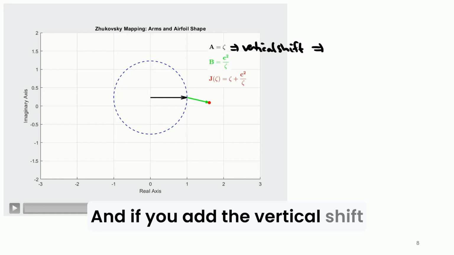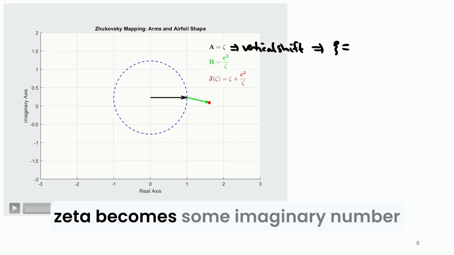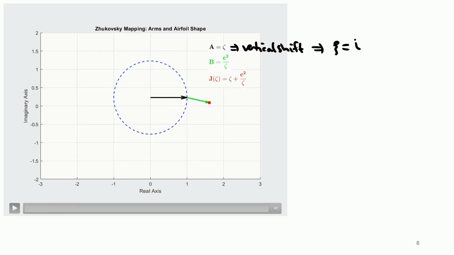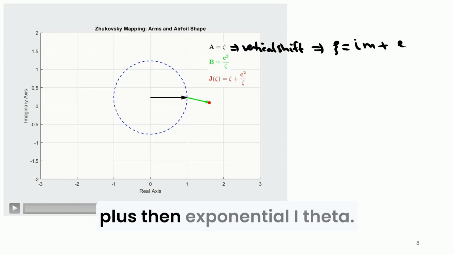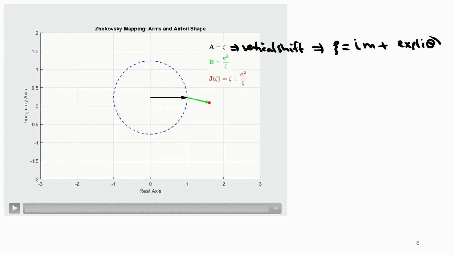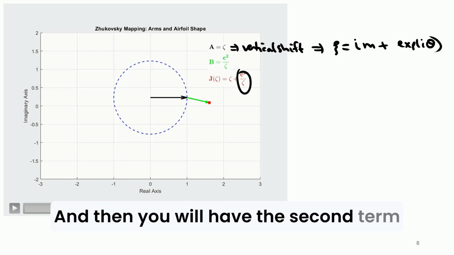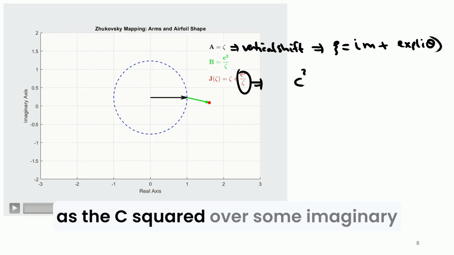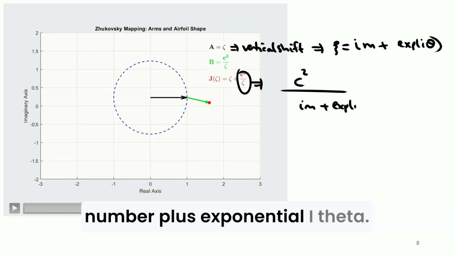And if you add the vertical shift, the zeta becomes some imaginary number plus then exponential i theta. Okay, and then you will have the second term as c squared over some imaginary number plus exponential i theta.